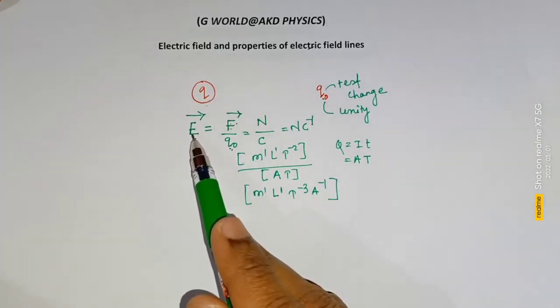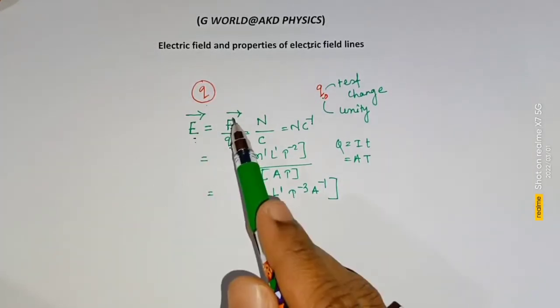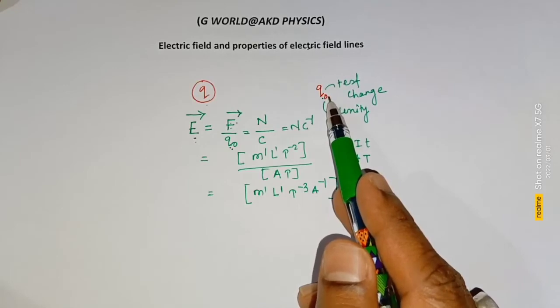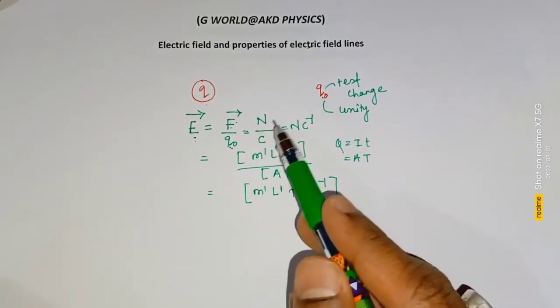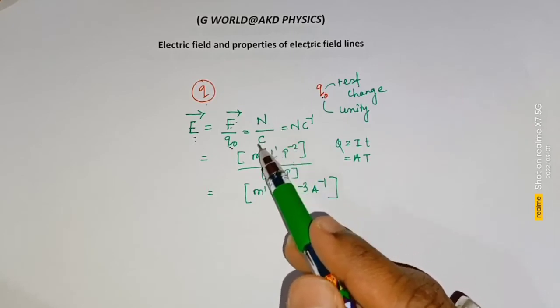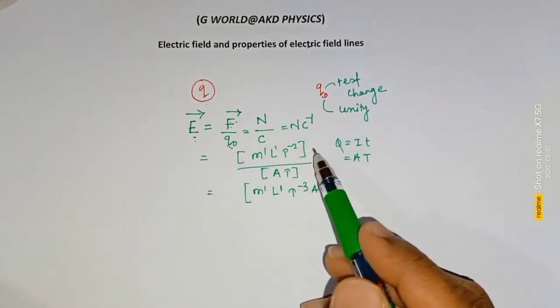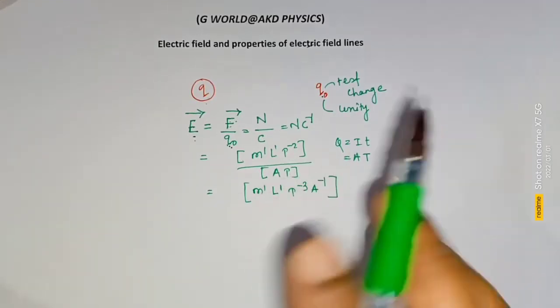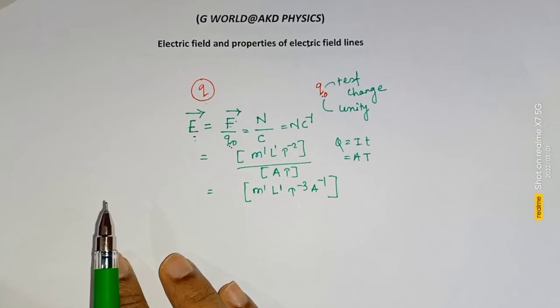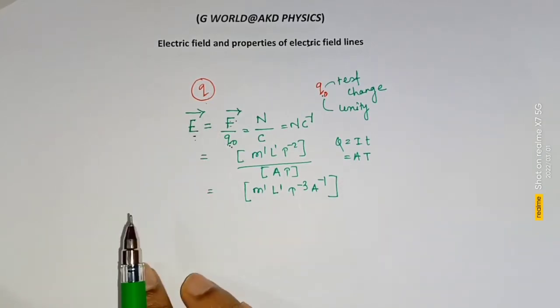And electric field mathematically can be defined as the force experienced by this test charge upon unit positive test charge. In terms of unit, it is Newton per Coulomb, and in terms of dimensions, I put the force dimension and charge dimension and get the dimension formula, and it is a vector quantity.